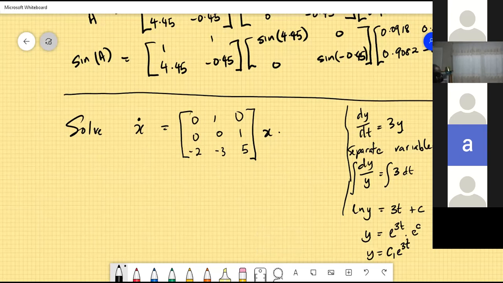So basically, if we take this, dx dt is equal to a x. So our x is going to be equal to some constant which I'm calling c1 e to the a t.